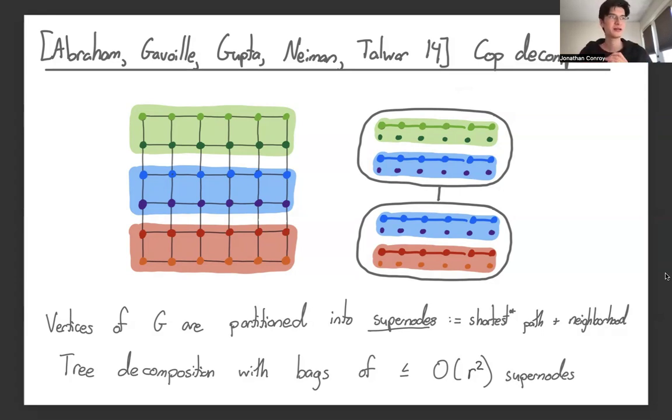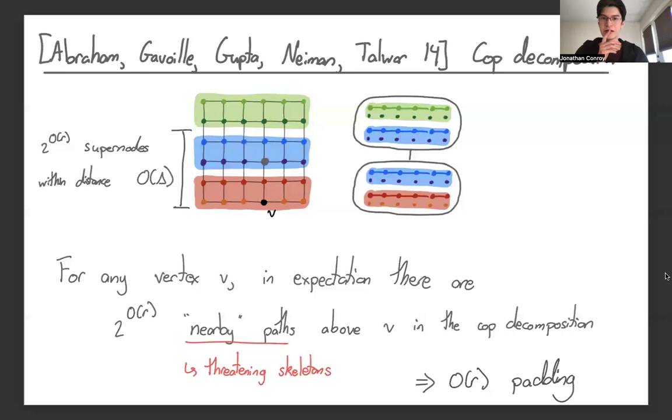Okay, so formally, the COP decomposition is a rooted tree decomposition, so it induces some partial order on the vertices of the graph. And what Abraham et al. showed is that if you consider the supernodes in this partial order defined by ancestor-descendant relationships in the tree decomposition, then for any vertex v, there's only 2 to the O of R supernodes nearby to v that are above v in the COP decomposition.